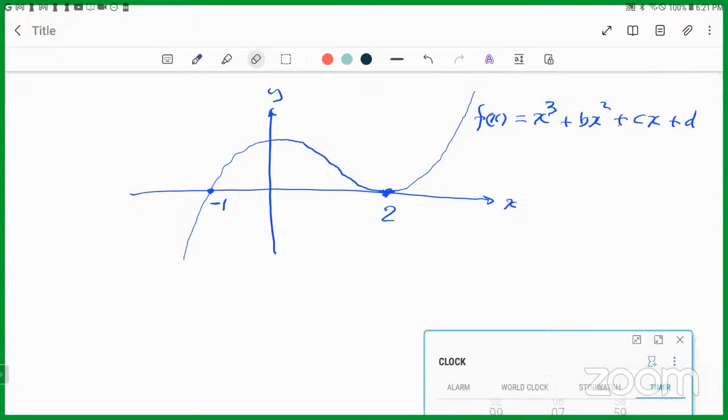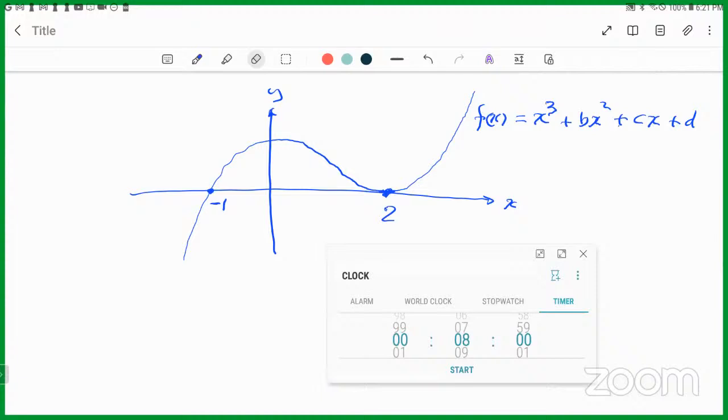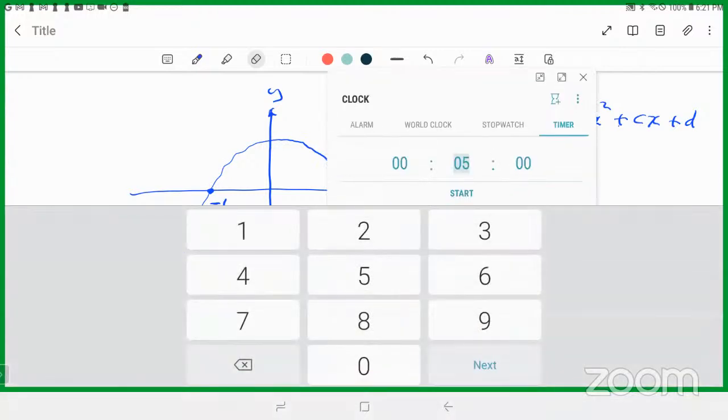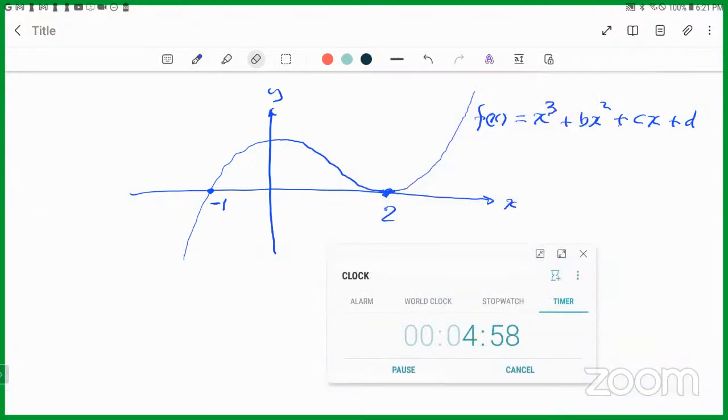All right, let's start the clock again. I really don't need more than 5 minutes to do this, you know. Let's start, 5 minutes. Find the value of b, c, and d.